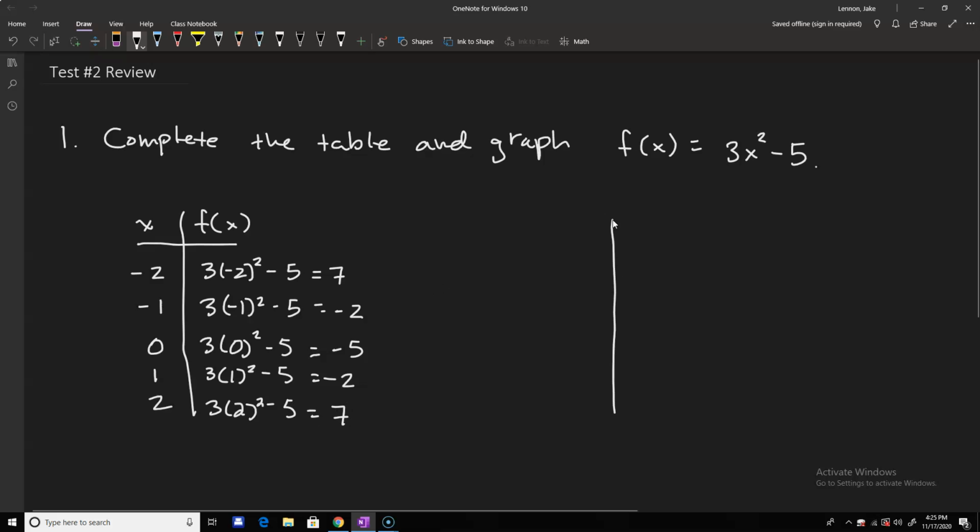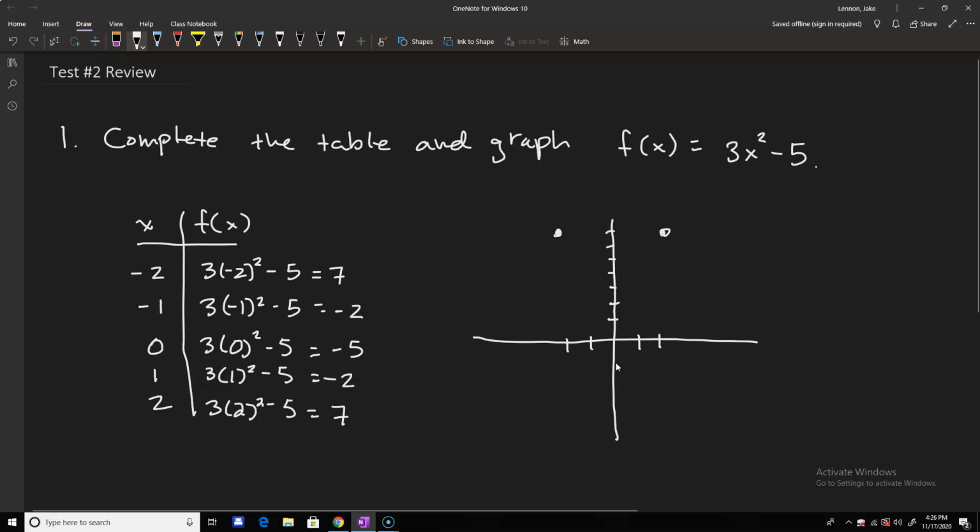So then we can go ahead and graph that over here. And we see this is the parabolic shape that we recognize with all quadratic functions. So our furthest left and right points are going to be all the way up here at 7. So at -2 and at 2 we're at 7.